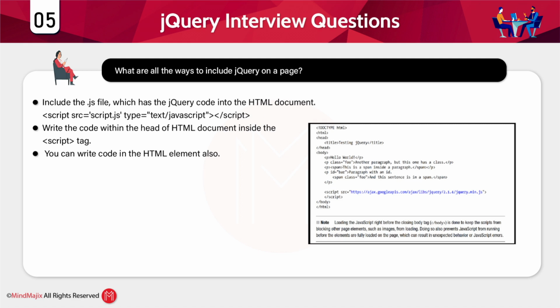The next way is to introduce jQuery in HTML pages. Write a script tag in the head of the HTML document, and then write the jQuery code. And the third type is you can write code in an HTML element also. So these are the three ways you can introduce jQuery into HTML.